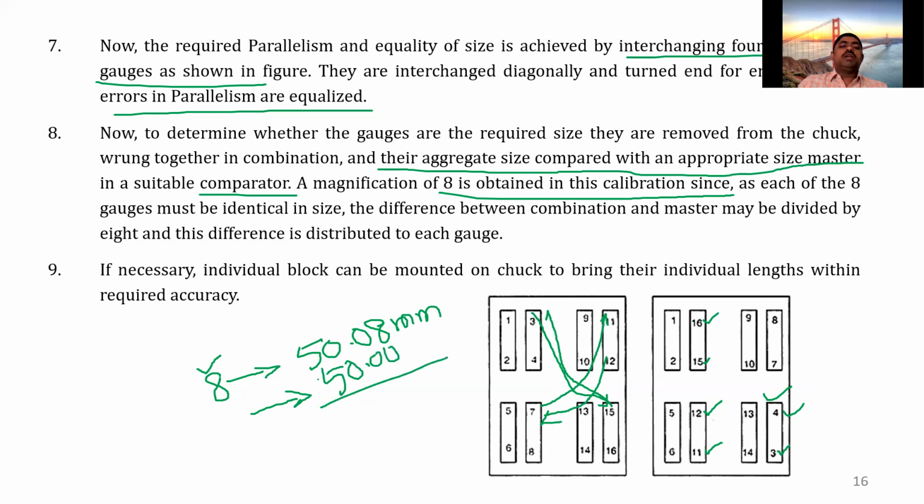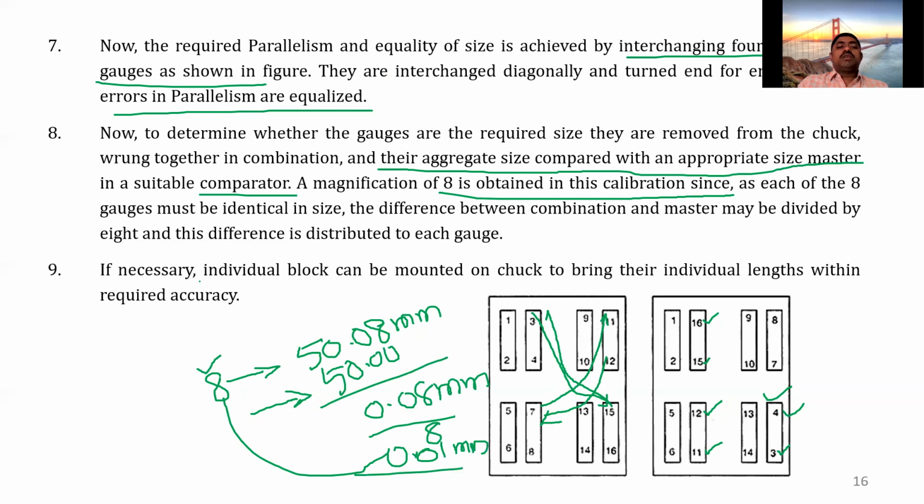So what is the error involved in the aggregation of 8 slip gauges? 0.08 mm. Now this 0.08 mm is distributed to all the 8 slip gauges, and each slip gauge is produced with, let us say, an error of 0.01 mm.